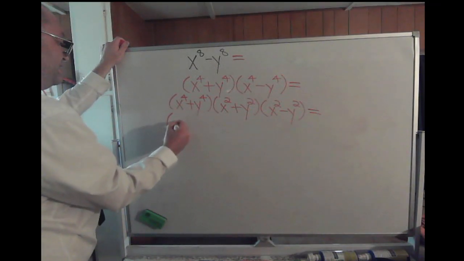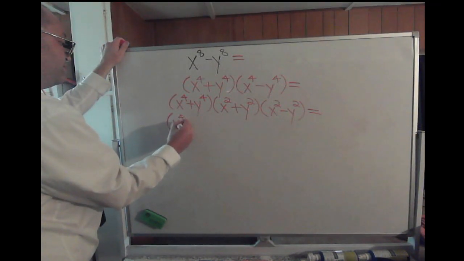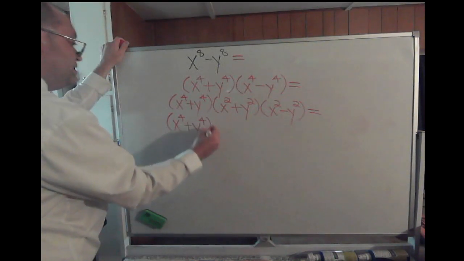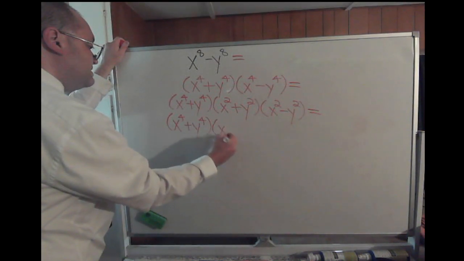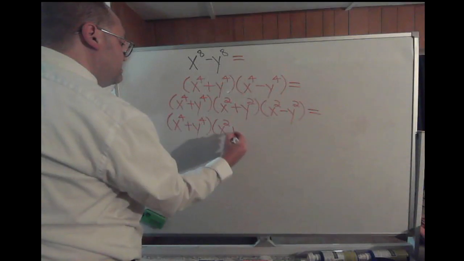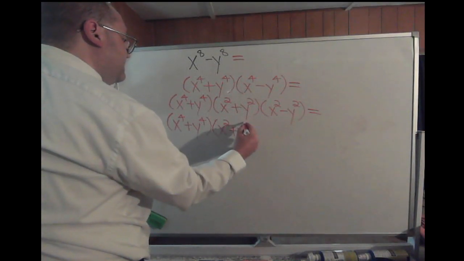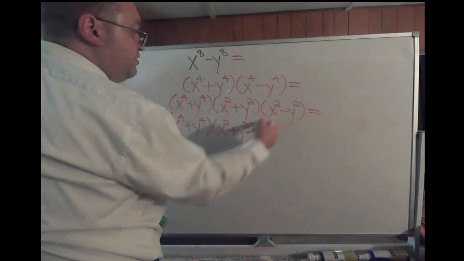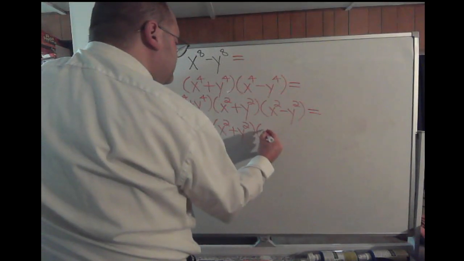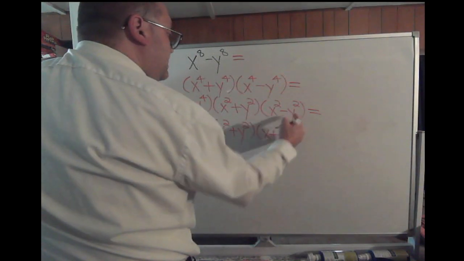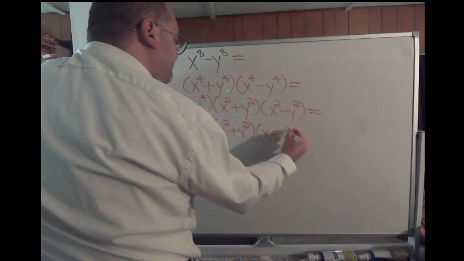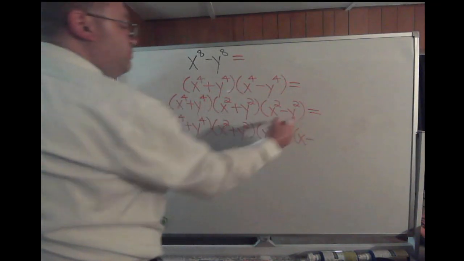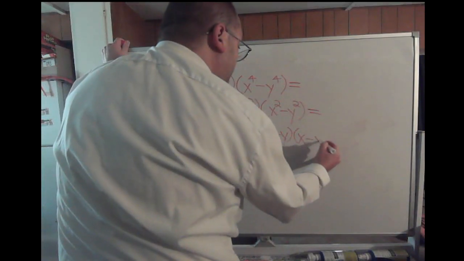So we're going to keep the x to the fourth plus y to the fourth times the quantity of x to the second plus y to the second. Now, times the quantity of, what's the square root of x squared? Well, that'd be x plus the square root of y squared, which would be y, times the quantity of x minus the square root of y squared, which would also be y.